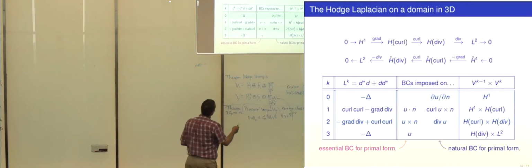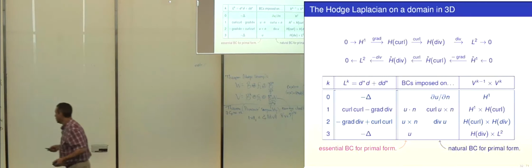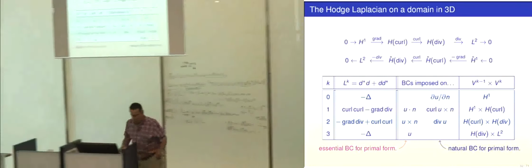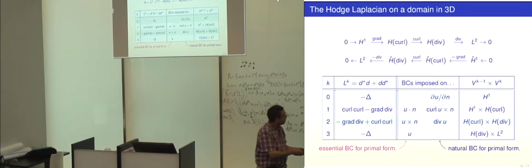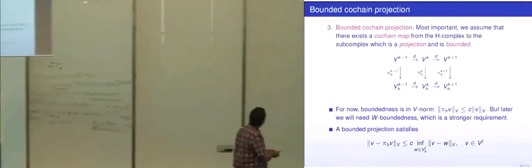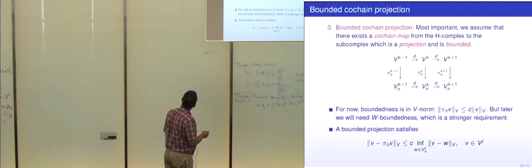And what are the spaces we use in the mixed method? Well, for u, we use H1, and there is no sigma. Sigma is 0 in the mixed method, so there's only one space. So the mixed method and the primal method are actually the same thing for the zero form Laplacian.